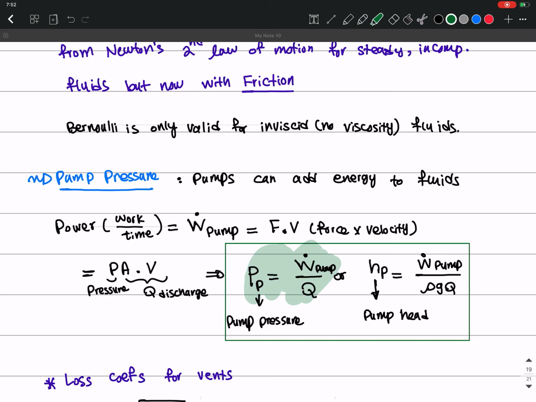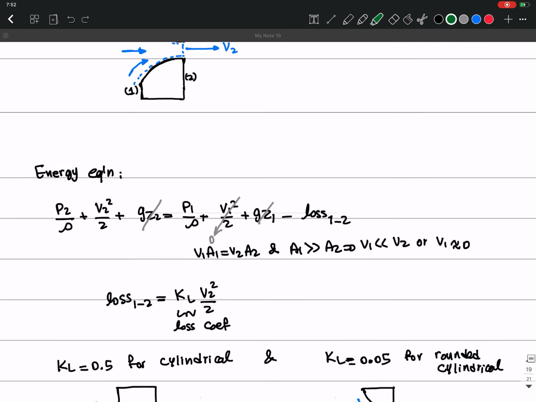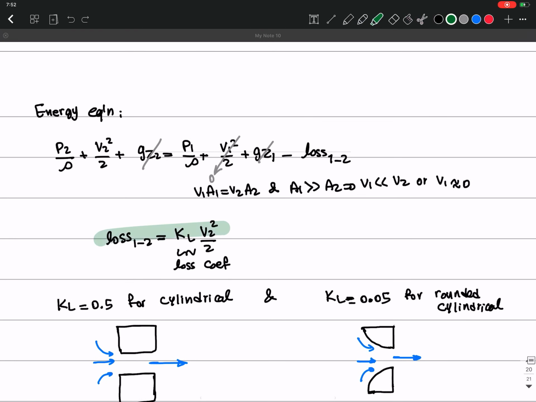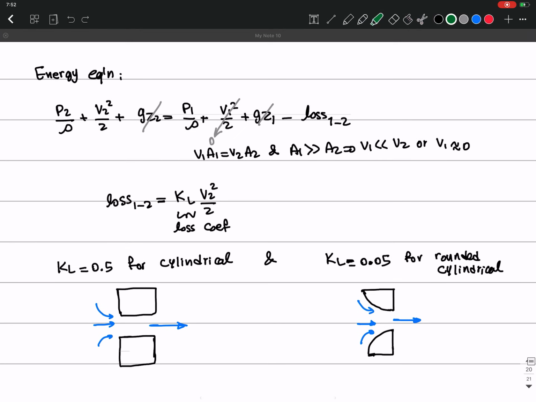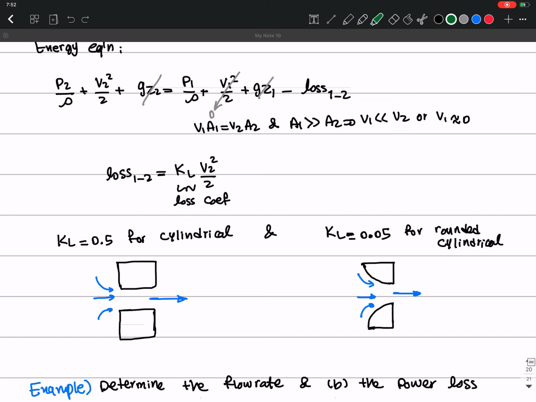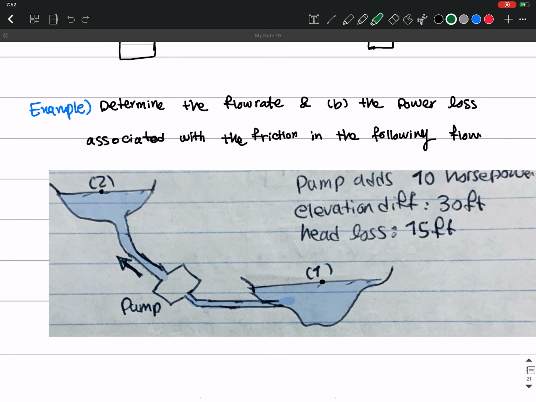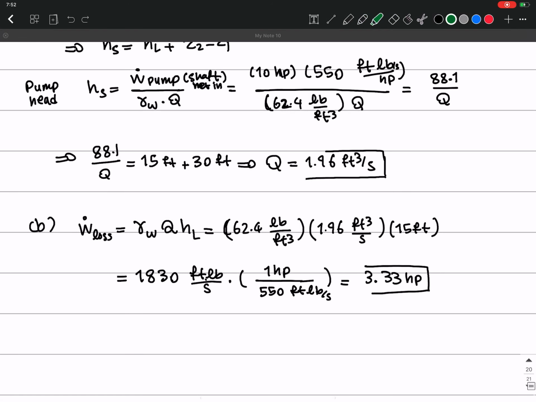Or we can show the pump head as W dot of the pump over rho g Q, or gamma Q. Then we looked at calculating the loss in vents, and we showed that the loss coefficient for a rounded entrance is smaller than for the cylindrical one. And then we solved an example of pumps where we also have head loss, friction, and elevation difference in the problem. Okay, so this was the end of chapter 5.